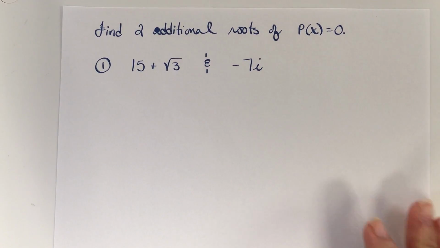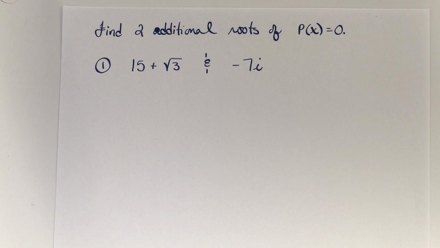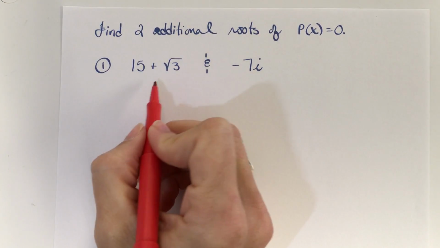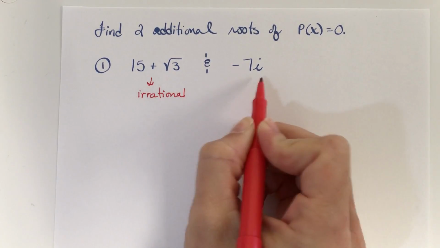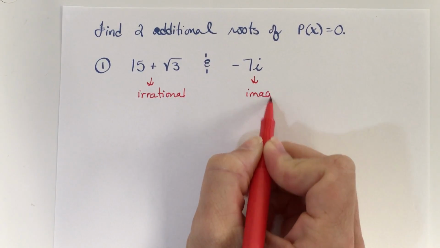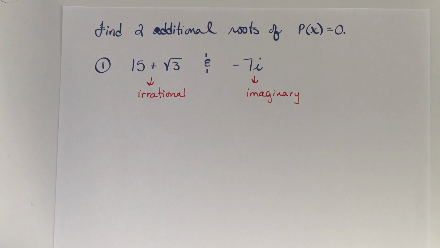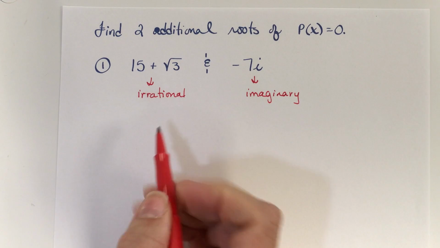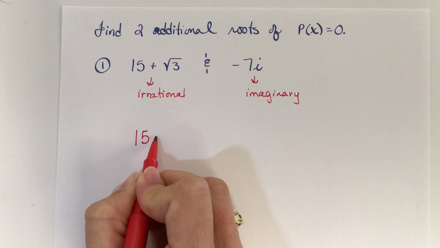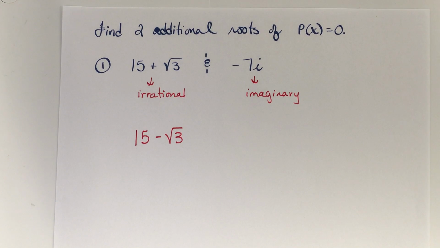Now, what you're going to be asked, like when you do your homework, is a question like this. It's going to say, find 2 additional roots. And this is where knowing what I just told you is going to give you the answer. This one is irrational because it's still got the radical sign. Of course, this one is imaginary. So they have to happen in pairs. If I know that 15 plus square root 3 is a root, then I am guaranteed that 15 minus square root 3 is.